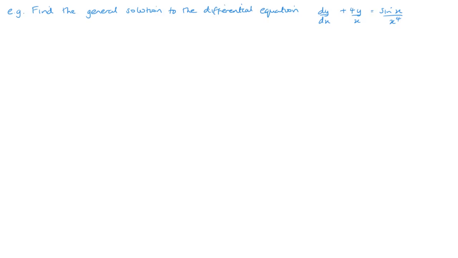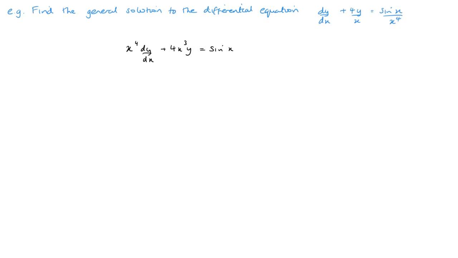We can multiply this by x to the power 4, which gives x to the power 4 dy by dx plus 4x cubed y equals sine x. Multiplying by x to the power 4 turns this into an exact equation, which is the exact equation in the previous example.